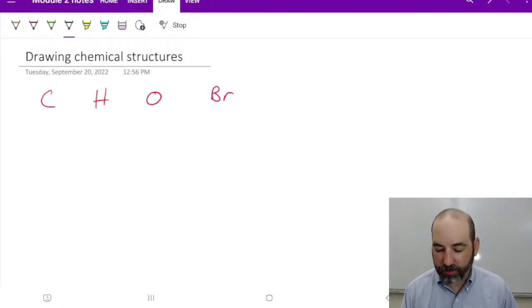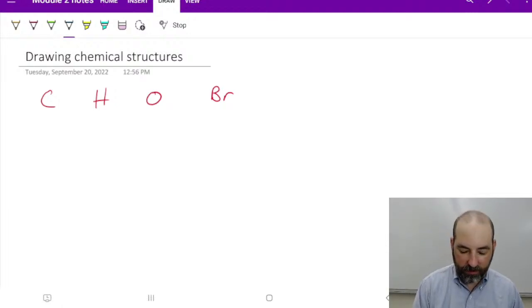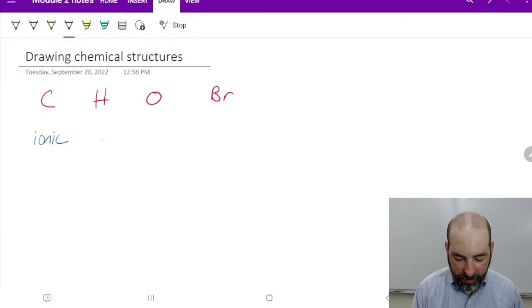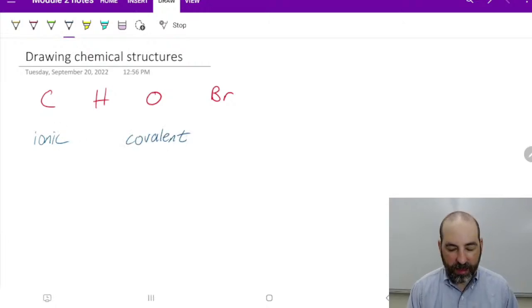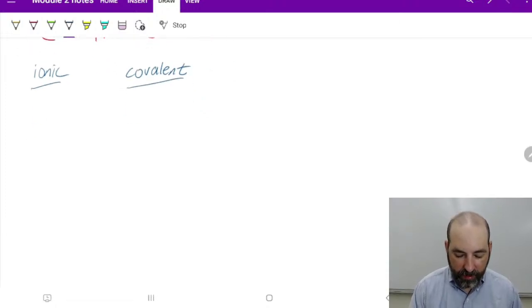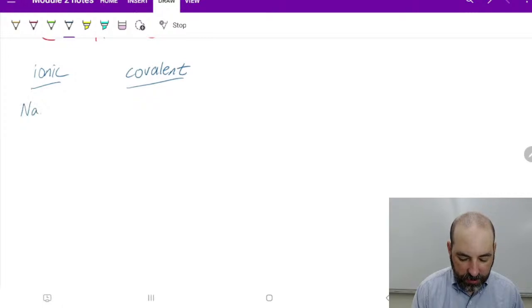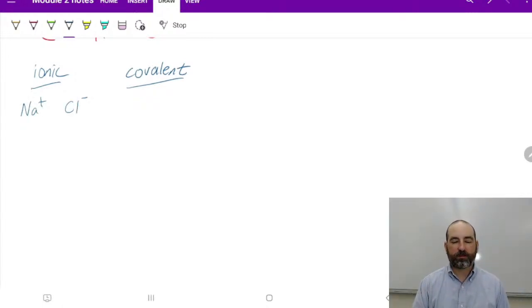Now there are two broad types of chemical compounds. We have ionic compounds and we have covalent compounds. Ionic compounds, we're not really going to deal with much today. They are where we have two charged particles like sodium and chloride. So the compound would be sodium chloride, and they simply attract each other because positive and negative attract.